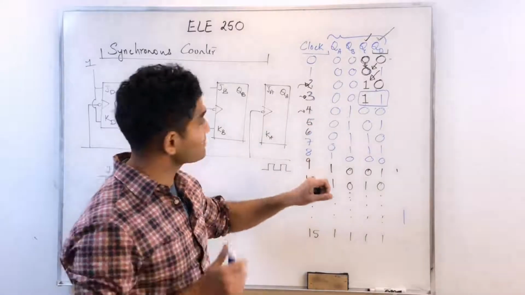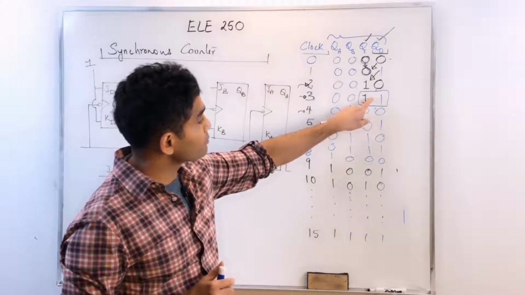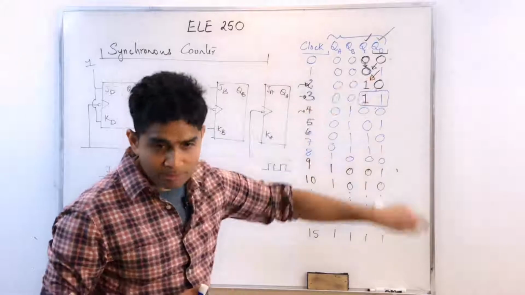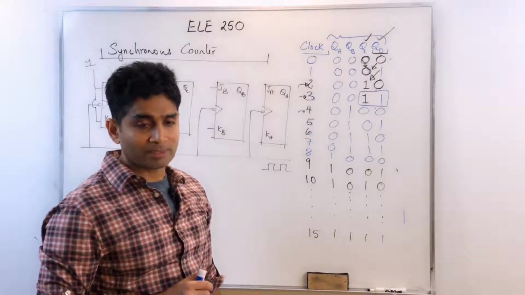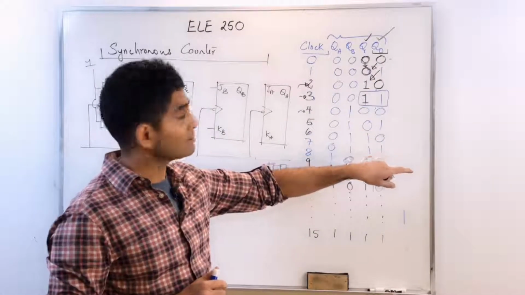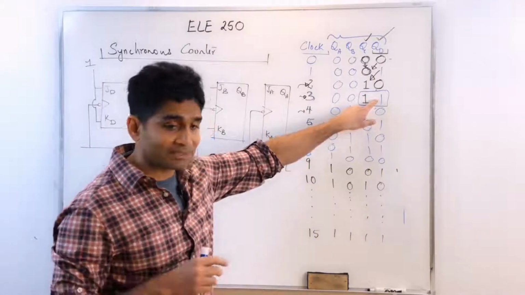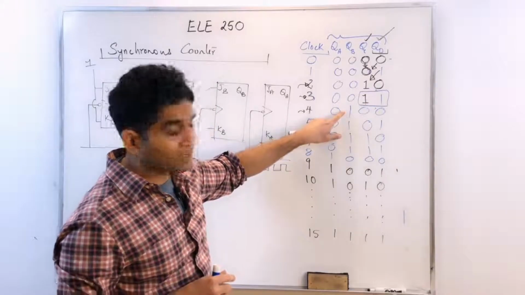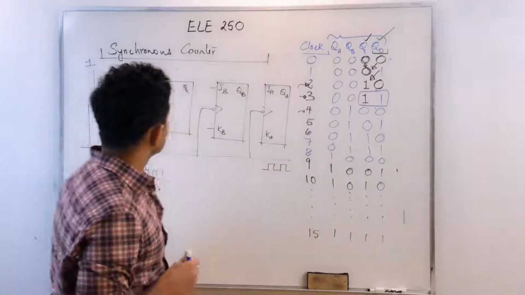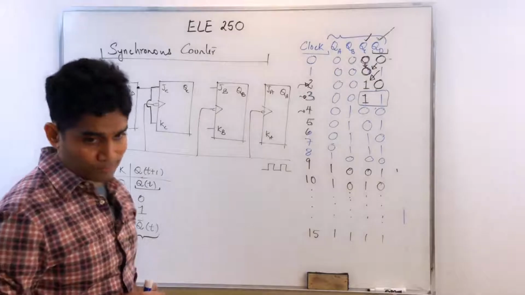So I need to test somehow when QC and QD are 1. Until they both become 1, that should be in the memory state. But once they both become 1, in the next active edge, that should toggle. I hope you got the clue.